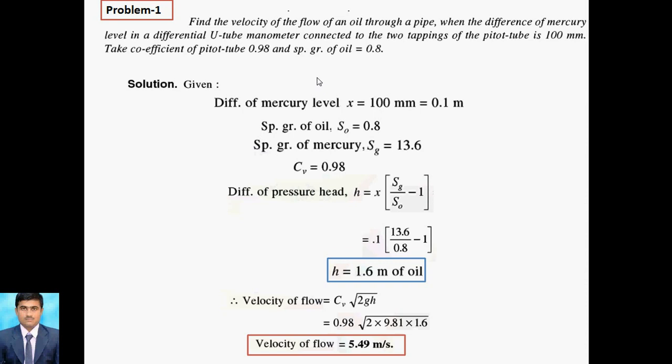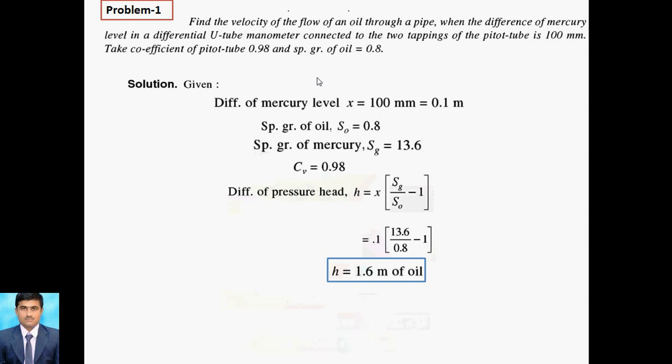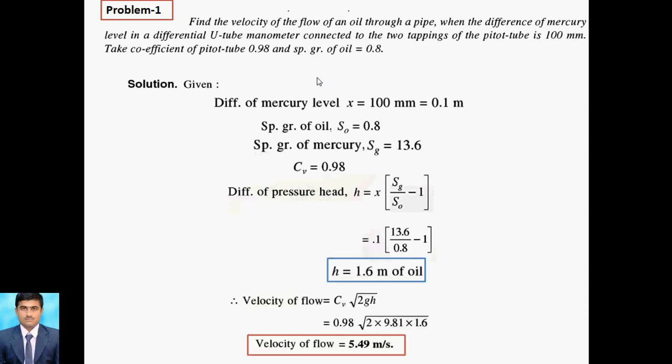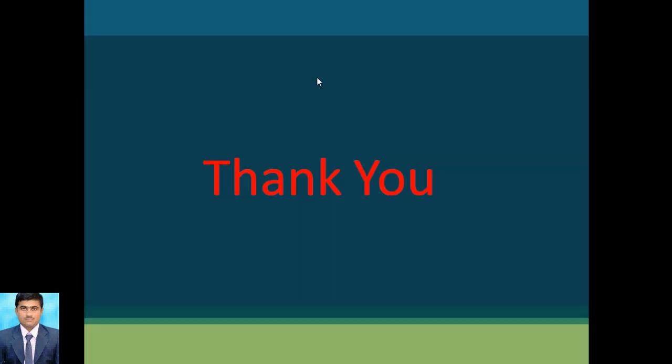That's why it gives an approximate value for discharge. So mostly the venturimeter is used for measuring the rate of flow. This is about the differentiation, or practical applications, of Bernoulli's theorem. Thank you. In the next lecture we will discuss problems.